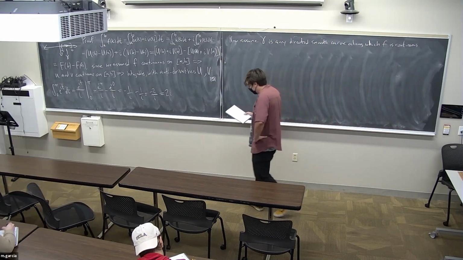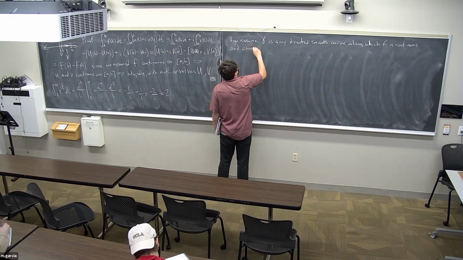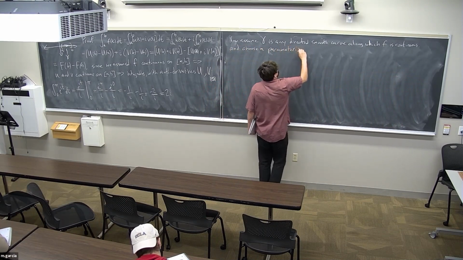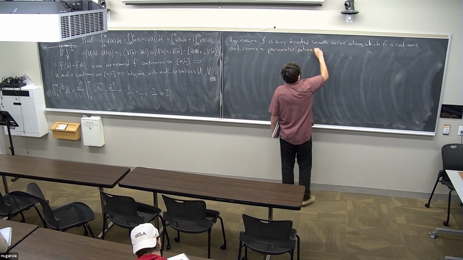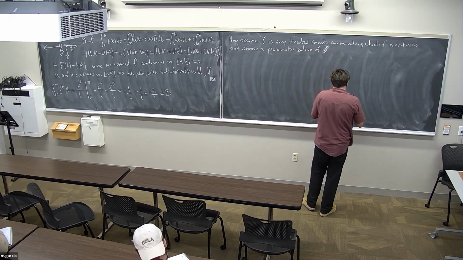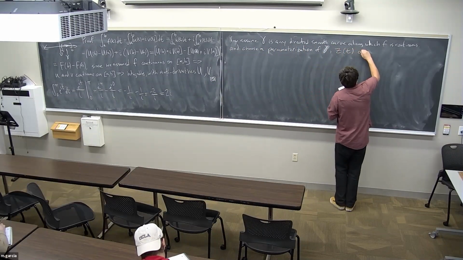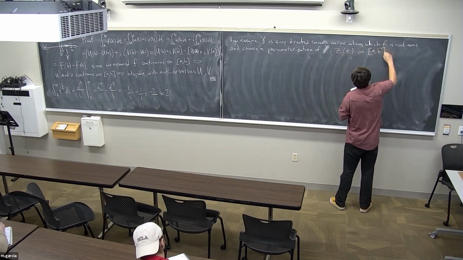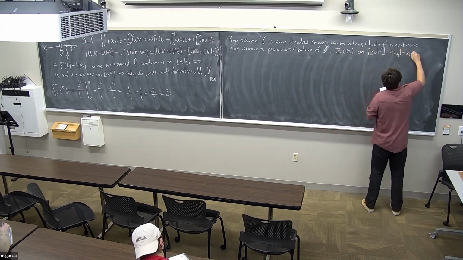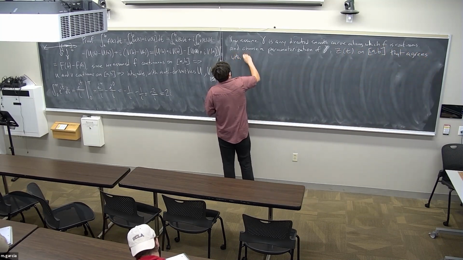Okay, and let's choose a parameterization of gamma, z of t on the interval a to b, that agrees with the direction of gamma.